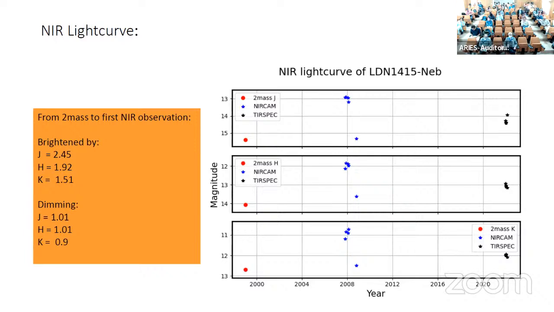So clearly, from around the 2007-8 observation, the source went into outburst in the near infrared band also, and from there we can infer the source has been in the declining phase. The dimming of the source, as we can see from this table, is that the source is diminishing, but it has not gone to its pre-outburst phase.